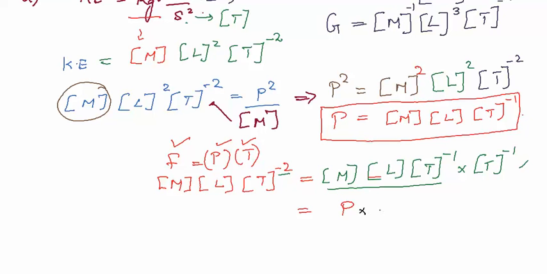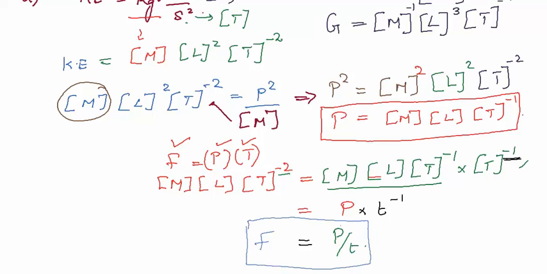I'm going to write that as T to the power -1, because we have a -1 over here, and then we have p by t. So the formula then becomes, force is nothing but momentum divided by time, which is consistent and also true.